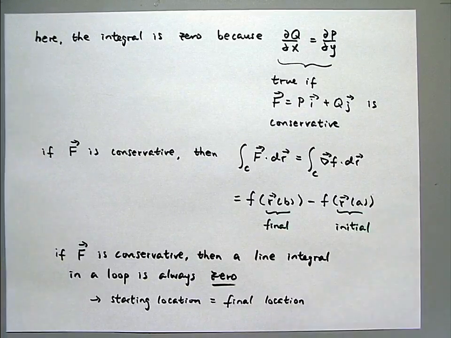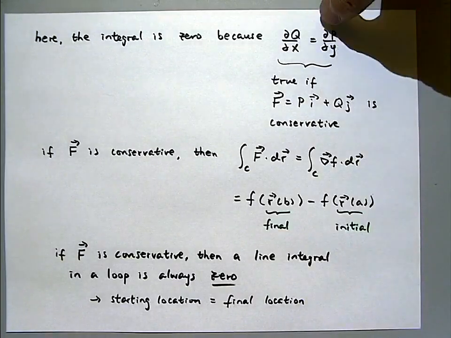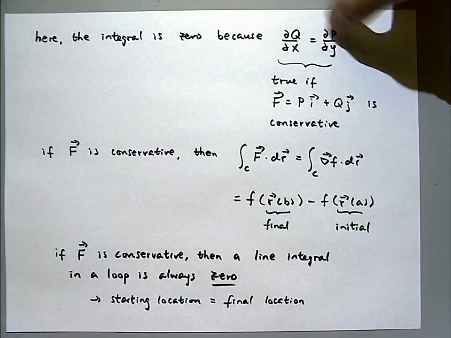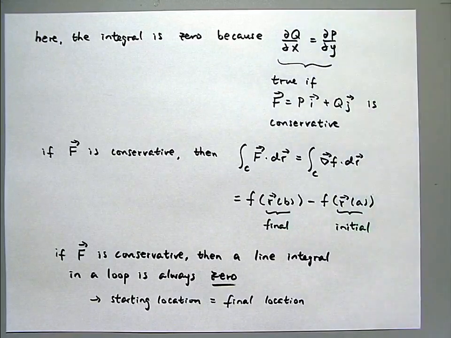And Green's theorem tells us the same thing because we're integrating the difference of these two things using Green's theorem. If the vector field is conservative, these are always equal. Therefore, you integrate 0. So that's a very nice thing to know.